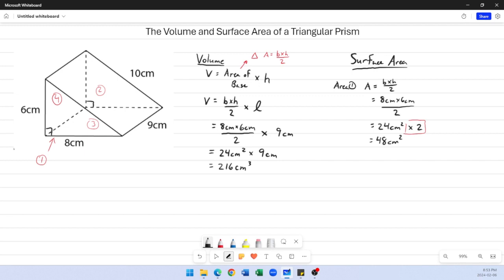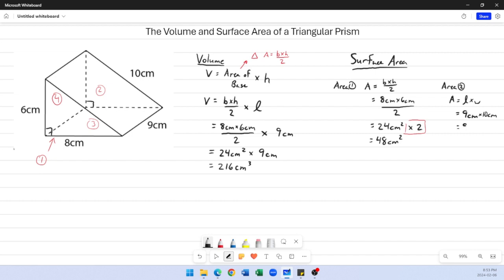All right, moving along, let's go to area 2. Area 2 is the slanted rectangle that you see there. If I look at the diagram, that rectangle is done by taking 9 centimeters and multiplying it by 10 centimeters. So the area is going to be length times width, which is 9 times 10.